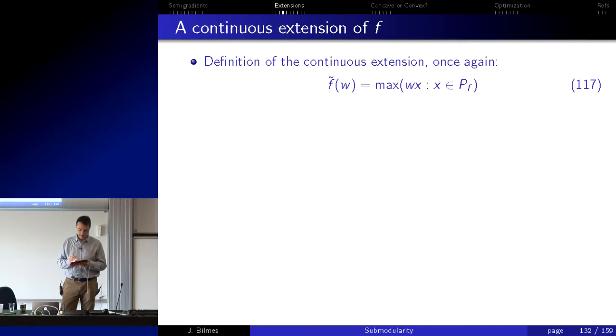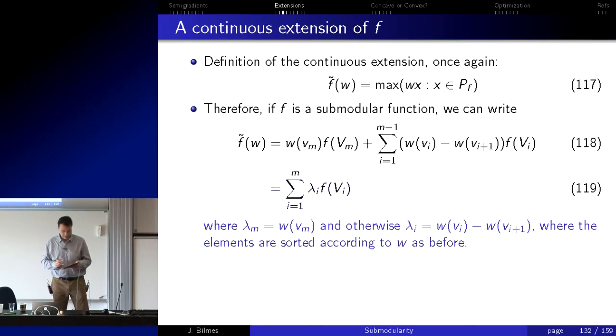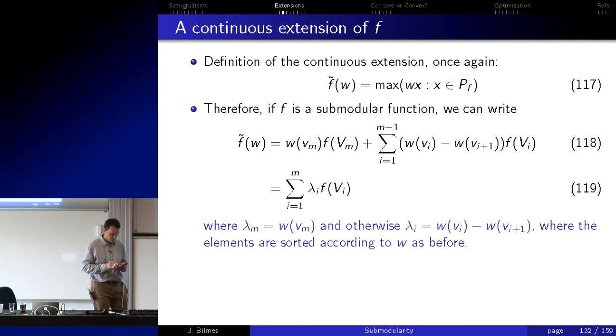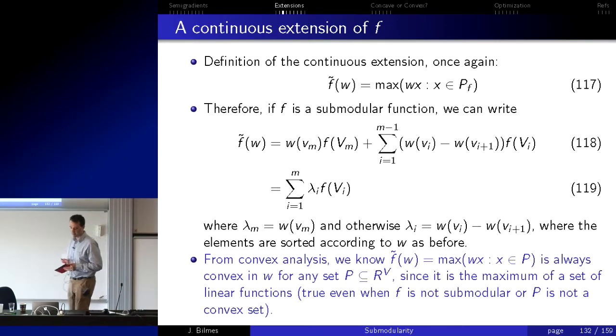And so the continuous extension can be written in the following fashion, where we take a sum of weighted function evaluations, where the function evaluations are on the chain of sets defined by the ordering given by sorting w in decreasing order. And here's the definition of the coefficients. You saw that in the last slide.